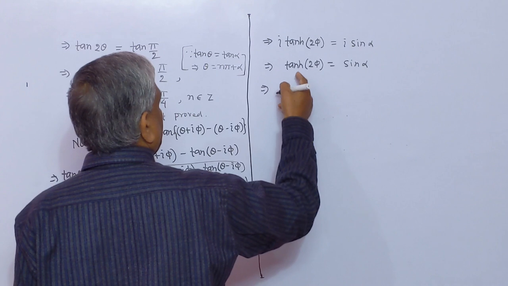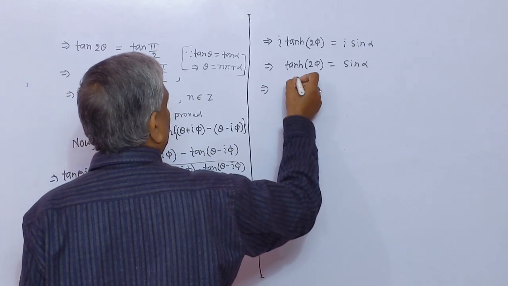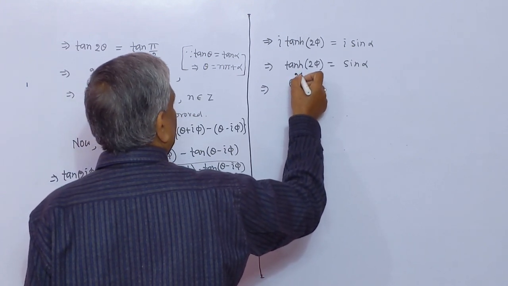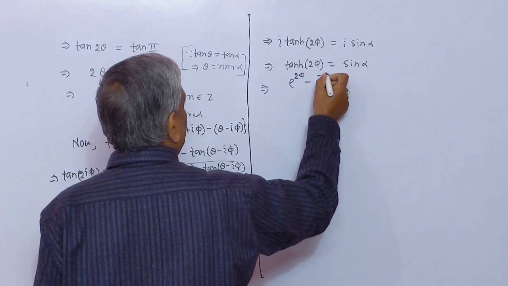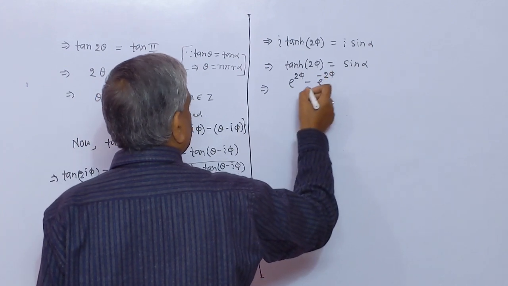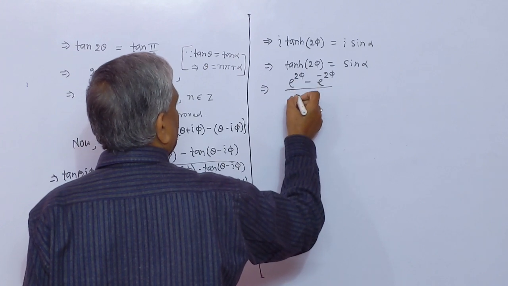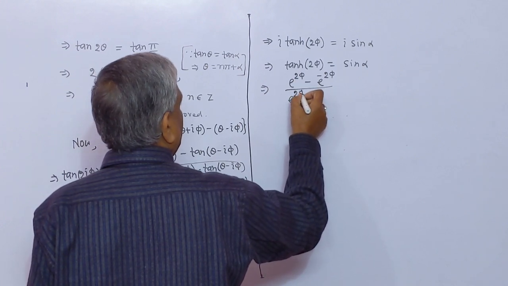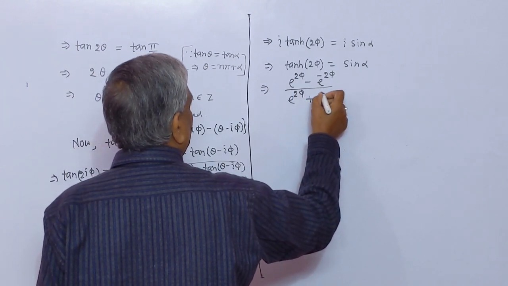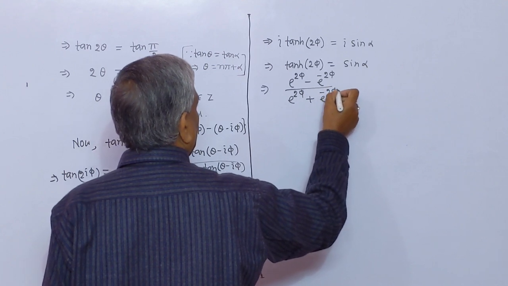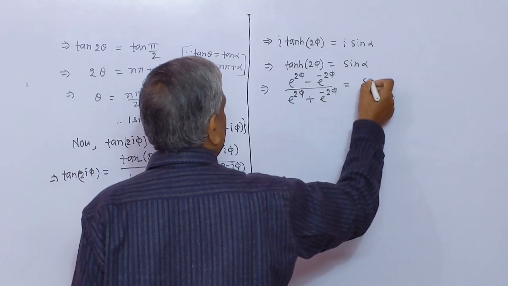Implies that this is equal to (e to the power 2 phi minus e to the power minus 2 phi) by (e to the power 2 phi plus e to the power minus 2 phi). This is equal to sin alpha.